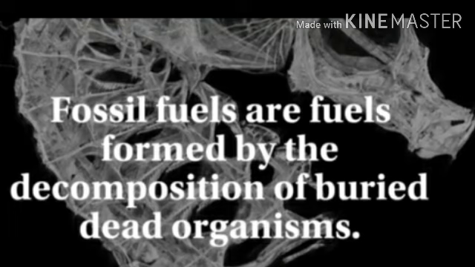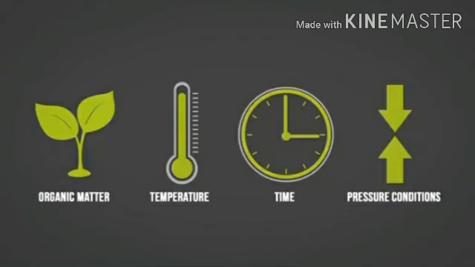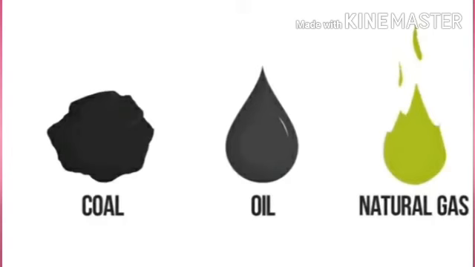Fossil fuels are exhaustible natural resources because once all the fossil fuels are used up, they will be gone forever. The plants and animals which died millions of years ago were gradually buried deep in the earth and got covered with sediments like mud and sand, away from the reach of air.